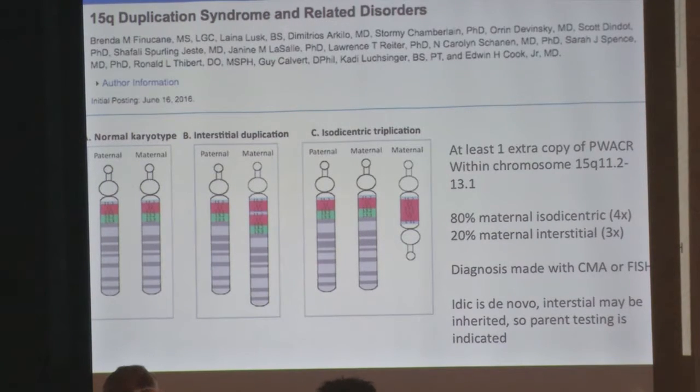So we're seeing children diagnosed because they have a little bit of motor delay in the first year of life. A microarray is being obtained and they're being diagnosed. So we are actually shifting the age of diagnosis to an earlier stage, and that affords us a lot of opportunities to study developmental trajectories in these patients.